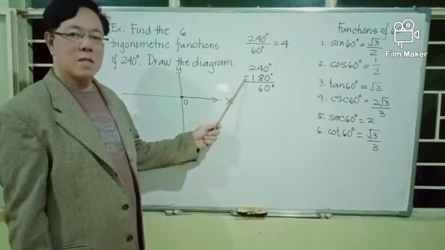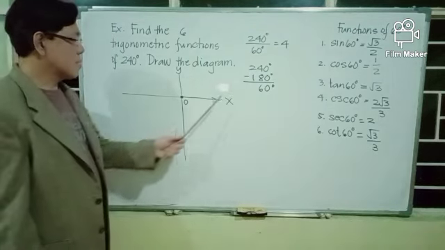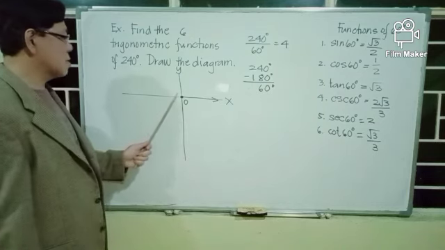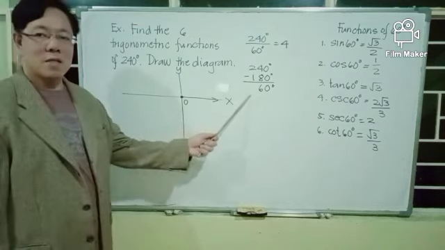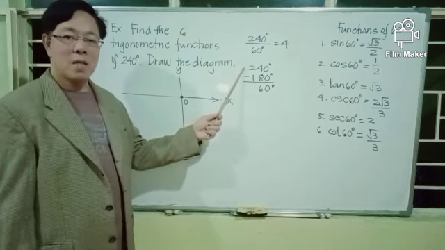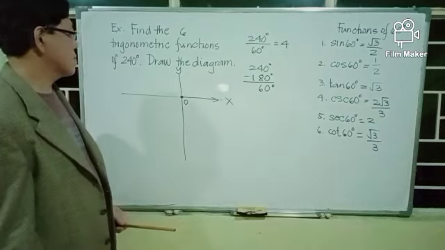This means the difference is 60. That means from the negative x-axis, we continue to measure 60 degrees to get a total of 240 degrees.